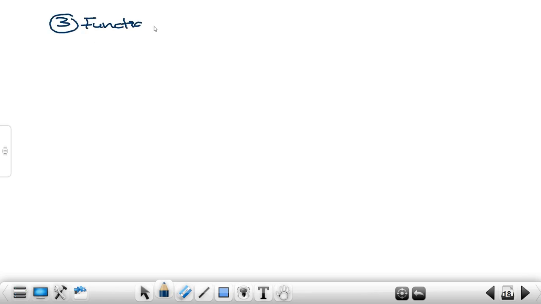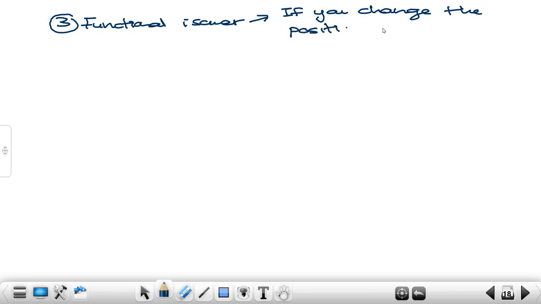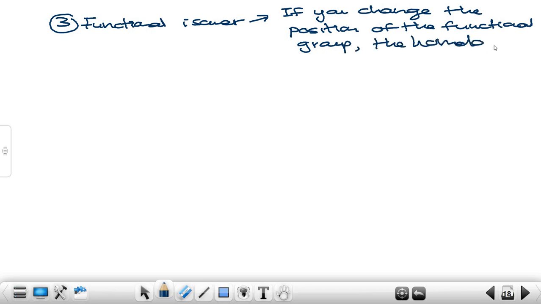Now, functional isomers, what I want you to remember about them is that if you change the position of the functional group, the homologous series changes as well. And we have 2 sets of that.